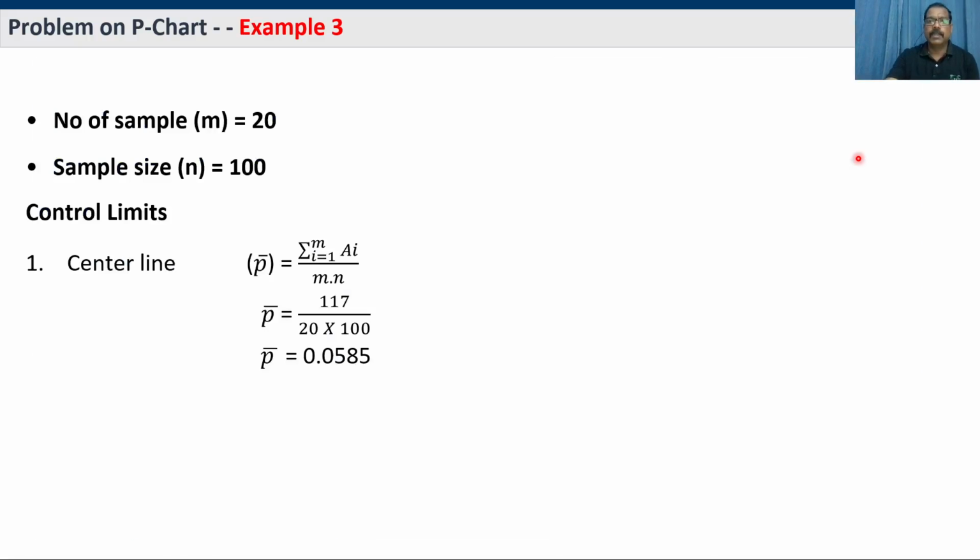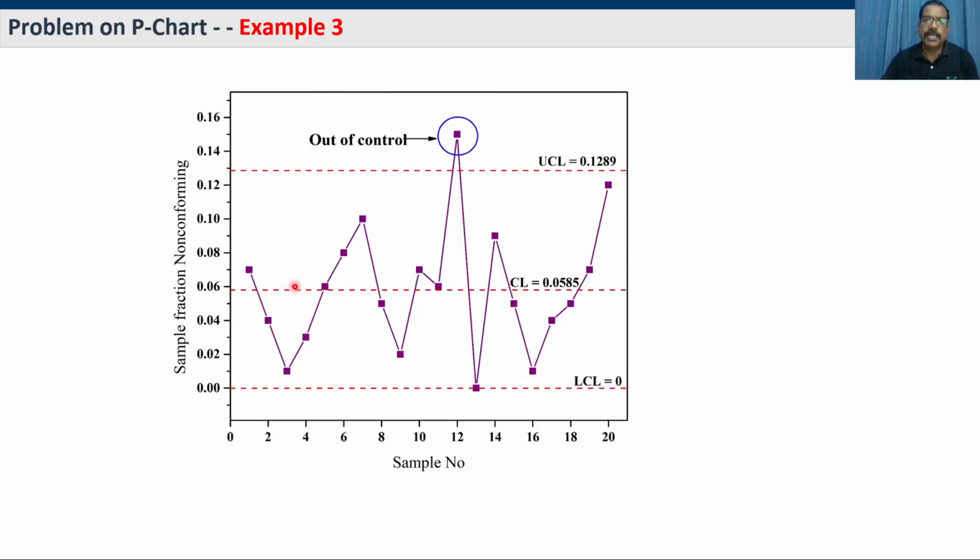In this plot, one data point is out of control, and the other data is almost inside. So what you have to do is eliminate this particular data from the calculation. Again, you have to calculate the P bar value, LCL value, and UCL value.